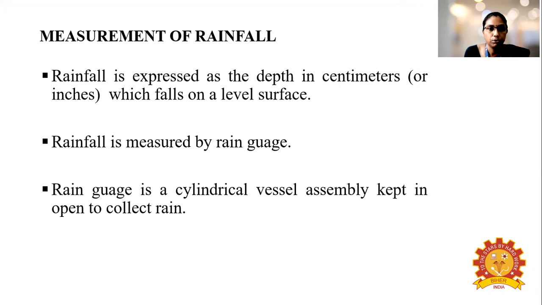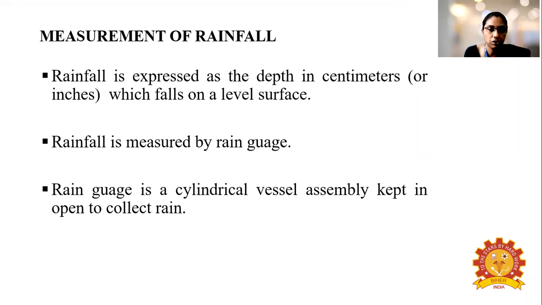In measurement of rainfall, you can see how the rainfall is measured, what is the equipment or the arrangement used to measure the rainfall. So simply we can express or calculate the rainfall in terms of depth in centimeters or inches, the rainfall which falls over an area or level surface.